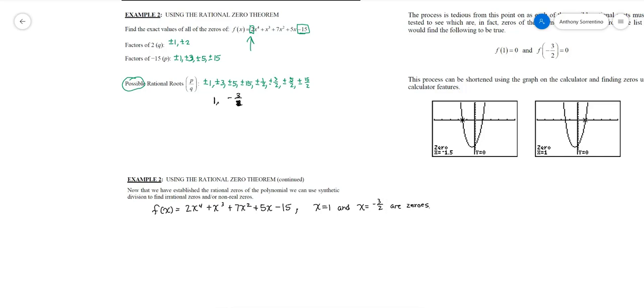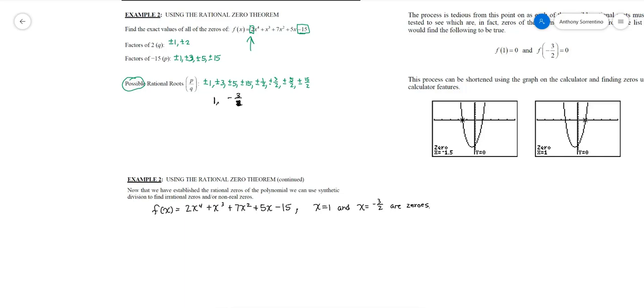I want to find the rest. So I want to find ones that are rational. Either they're irrational, which is unlikely, I'm not seeing them show up on the graph, or they're going to be non-real. And chances are I'm going to expect them to be non-real because I'm not seeing any other ones show up on the graph.